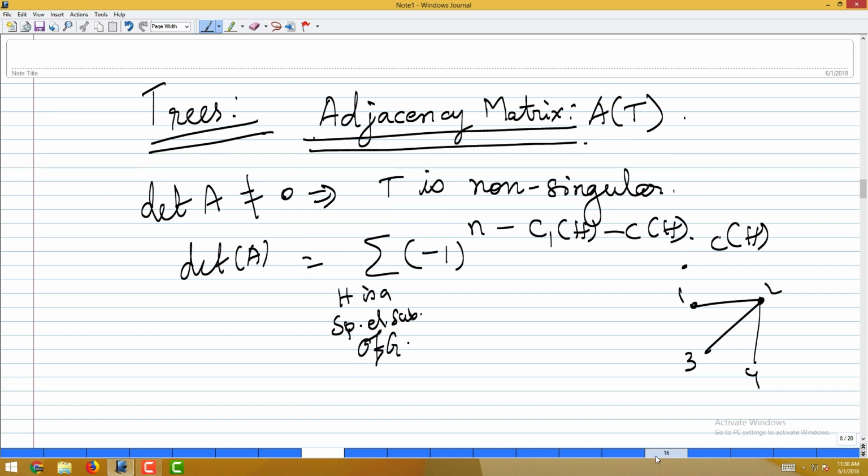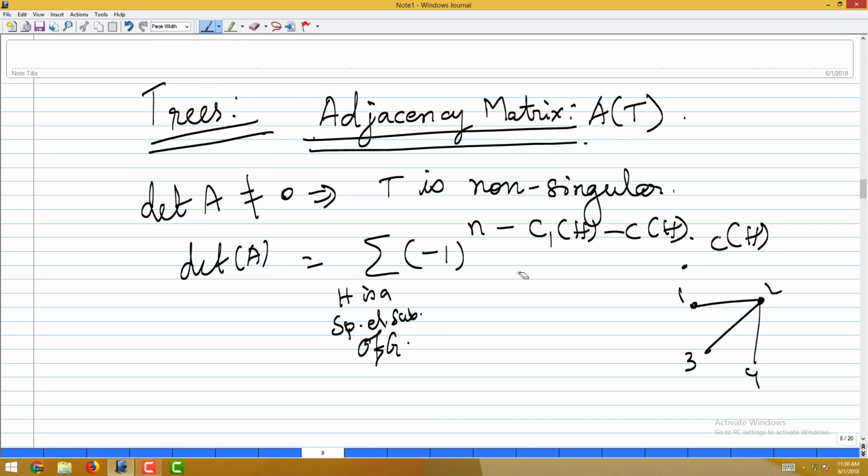So, if there is a unique perfect matching, then the contribution to this sum is going to come only from that one spanning elementary subgraph. That would be nothing but in terms of the number of vertices, n minus n by 2 you will get. So, this quantity is going to become a non-zero quantity.